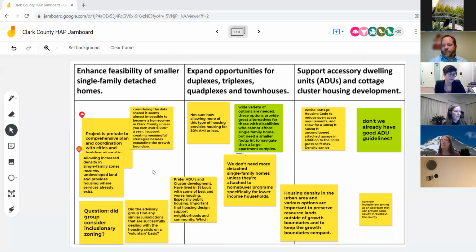I've unmuted myself. I see in the center column, expand opportunities, that we don't need more detached single-family homes unless they're attached to home buyer programs, specifically for lower income households.